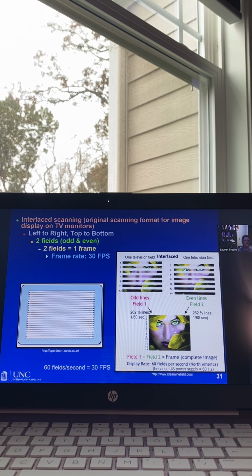Okay. It takes approximately a 60th of a second to do this field and a 60th of a second to do this field, which gives us 30 frames per second. And all in all, it takes about 33 milliseconds to do that.